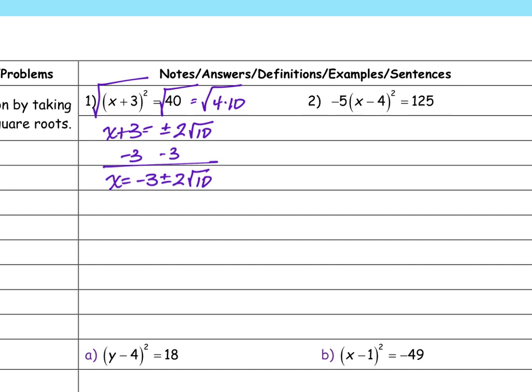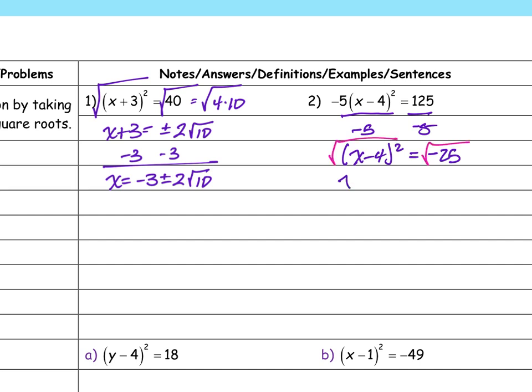So number 2, I want to get the parentheses by itself first. So I'm going to divide by negative 5 first. And then I'm going to be left on this side with x minus 4 squared equals negative 25, I believe. Yeah. So then now I have to undo my square, so I'm going to square root both of them.